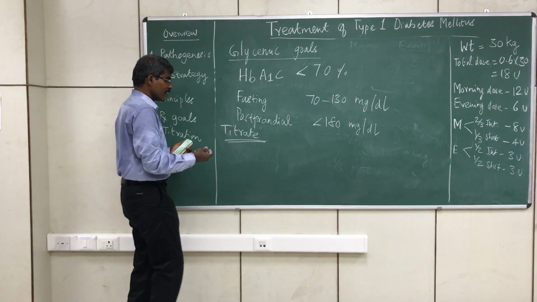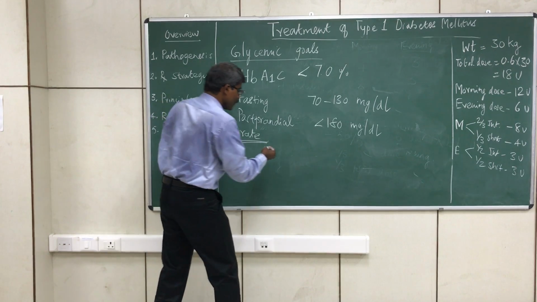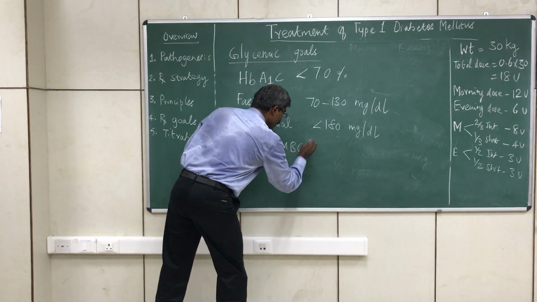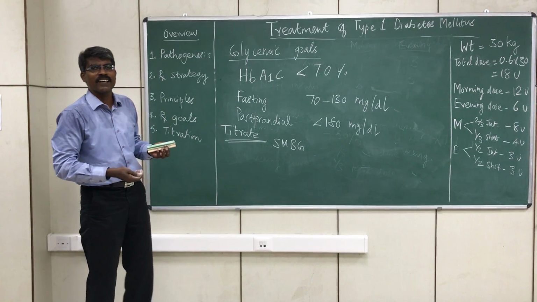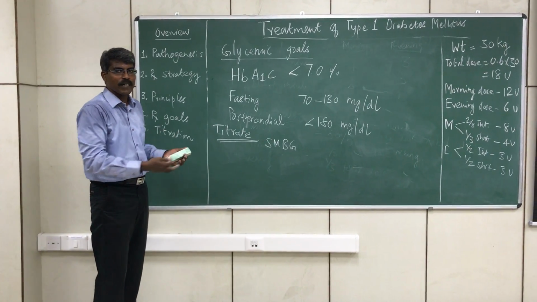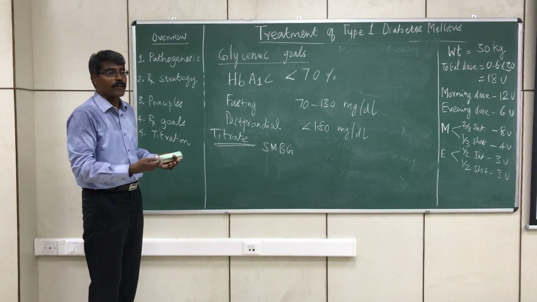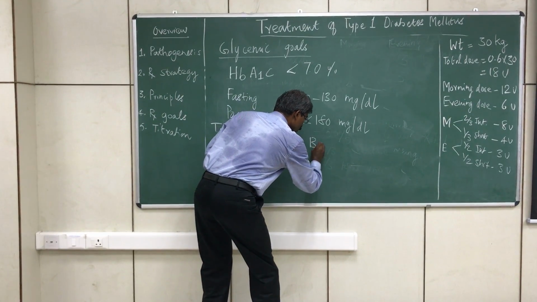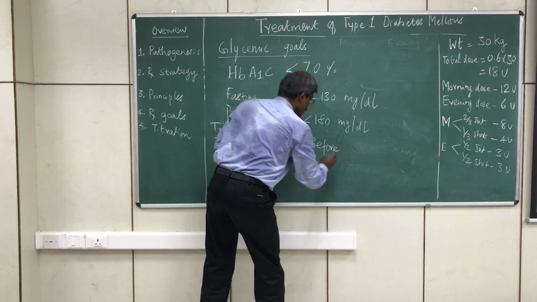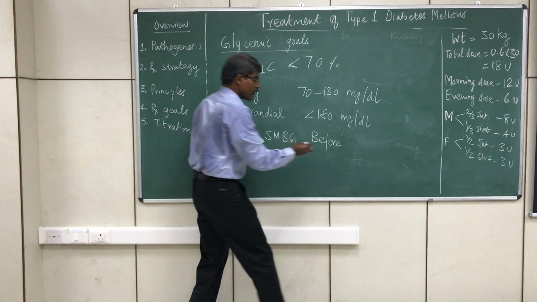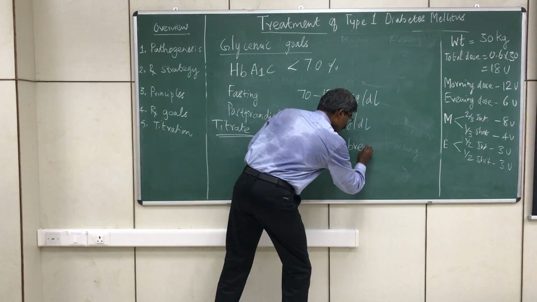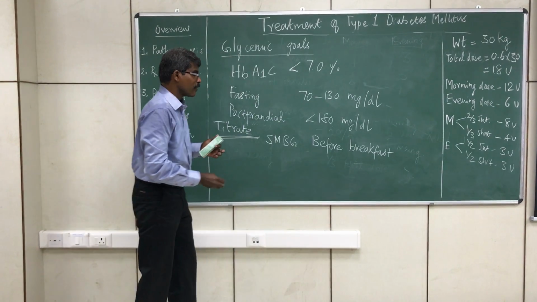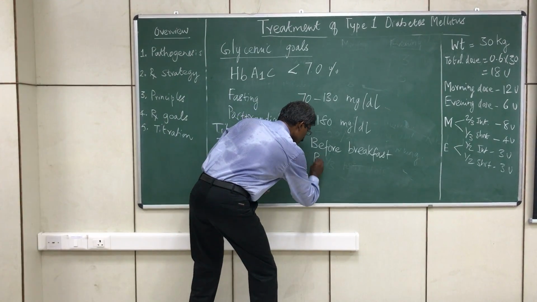Now to titrate it, self-monitoring of blood glucose by the patient can be very easily done, and we can educate them to alter the dose by themselves also. Now, based on what? Four things we need. What is their blood glucose level before breakfast, that is fasting? What is their blood glucose before lunch?